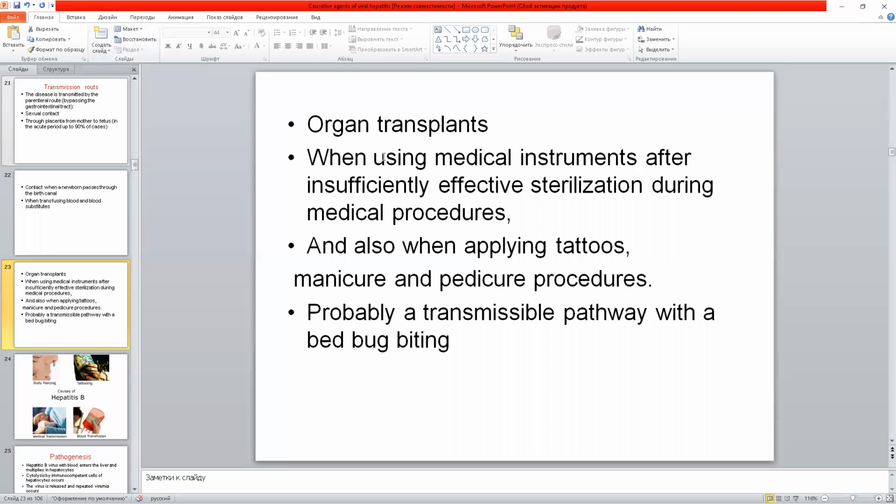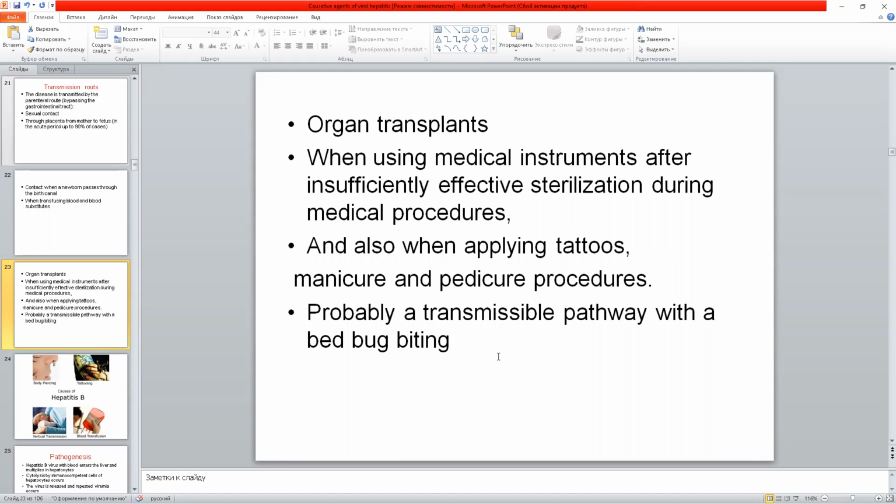When using medical instruments, if the sterilization was not good; in our country, we do microbiological control of the quality of sterilization, after sterilization. And also when applying tattoos in ordinary life, manicure and pedicure procedures, and sometimes shaving, because people who do these procedures have no idea about sterilization, and even these tools are not sterilized well, it is possible to infect people.